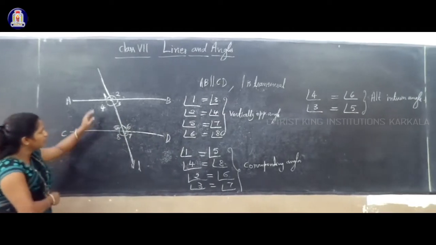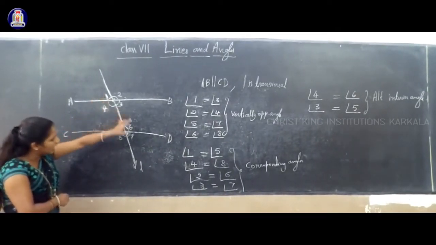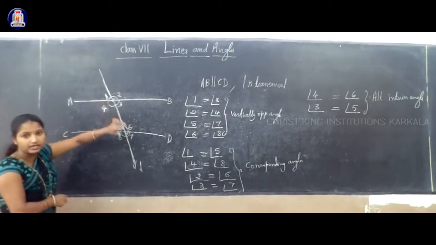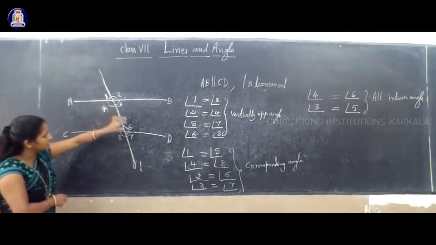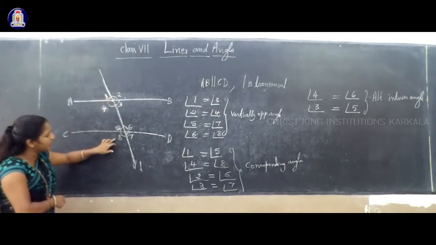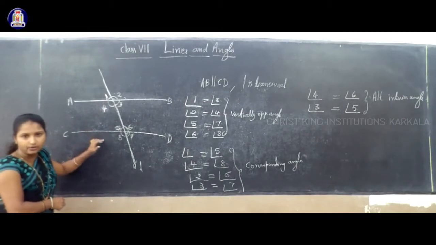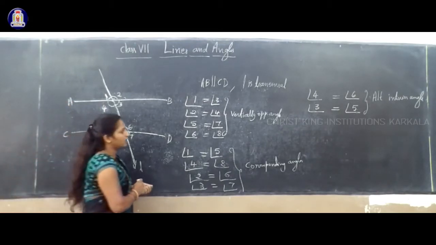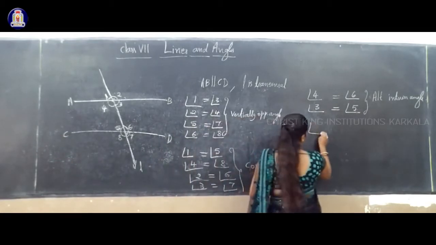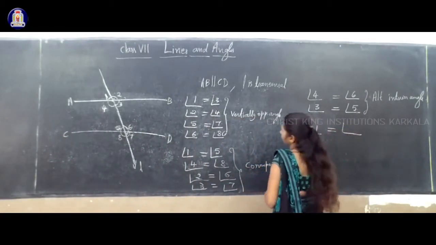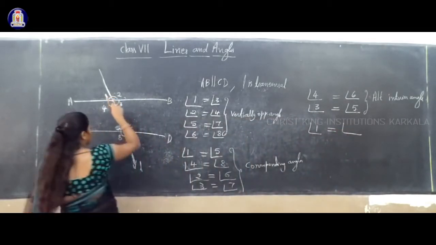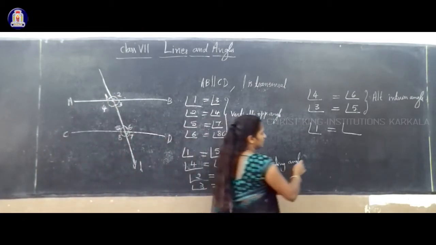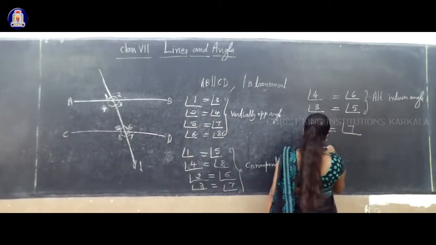So now if you see, angle 1 and angle 7 are alternate angles. Angle 2 and angle 8 are alternate angles. Correct? So those are exterior angles. Now we can write angle 1 is equal to angle 7.